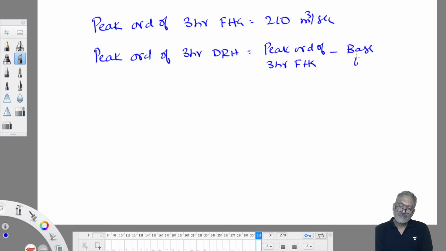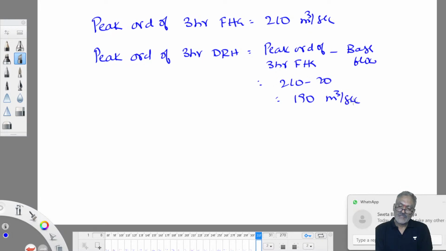The base flow is also given to you. So 210 minus 20, it is 190 meter cube per second. Then what is it asking?